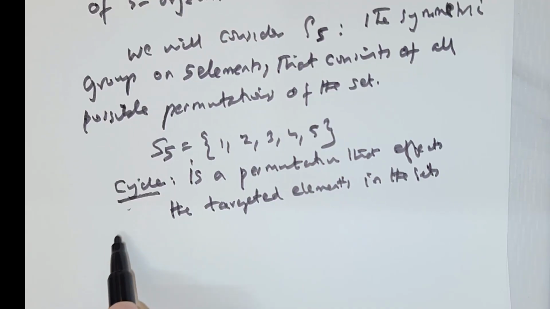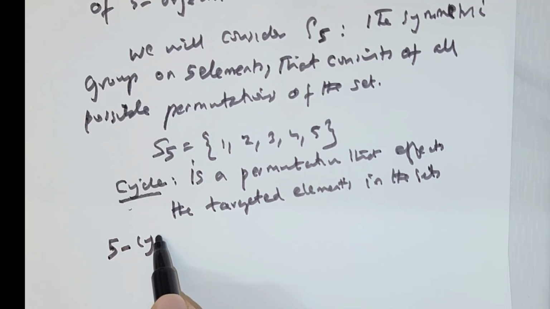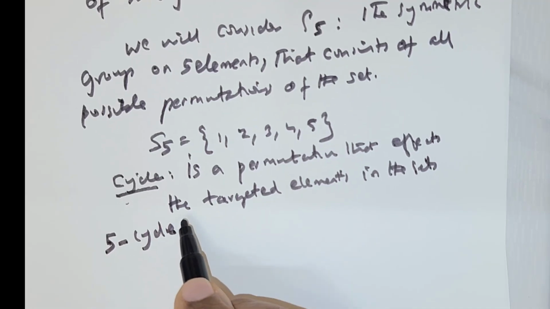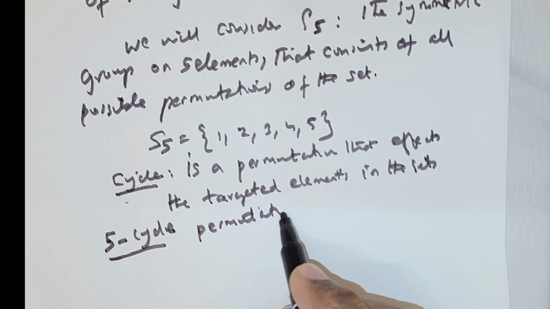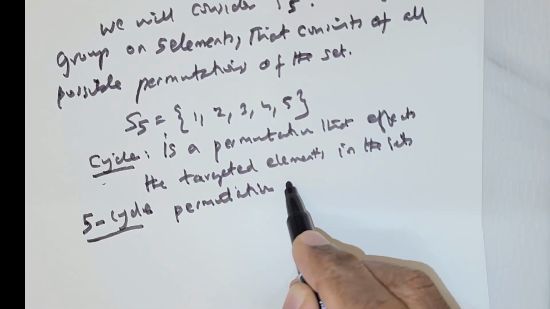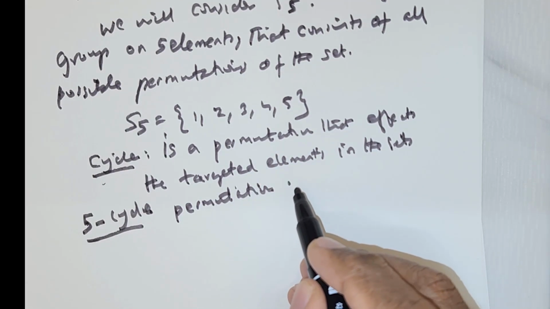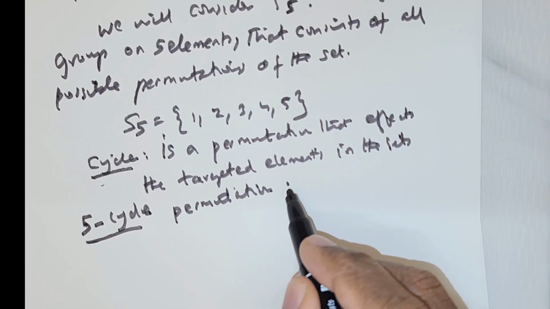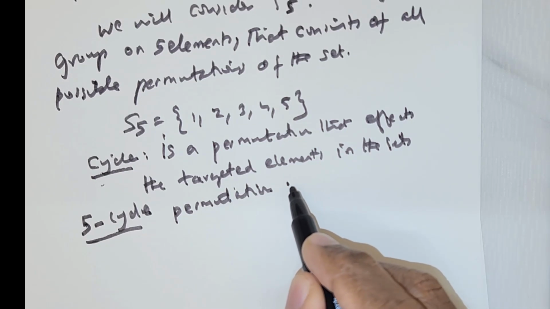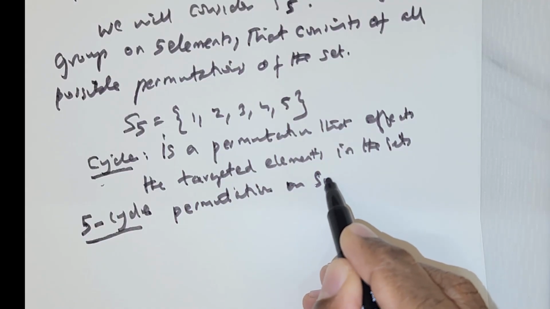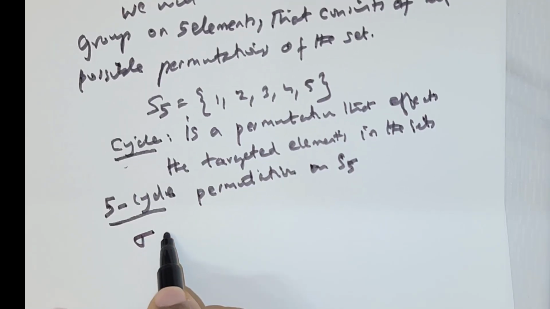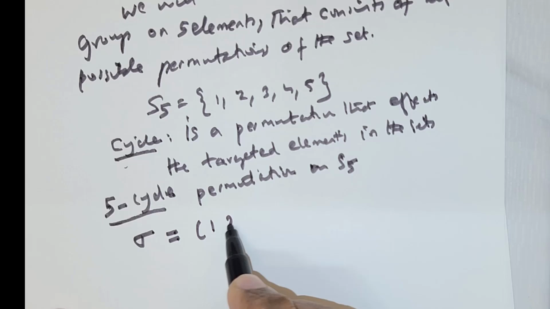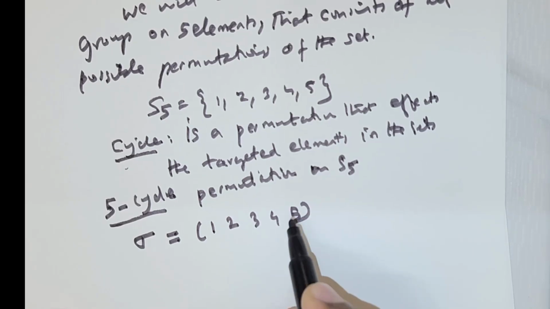Say for example, if I want to create a 5 cycle permutation on S5, then my sigma is going to be (1, 2, 3, 4, 5).